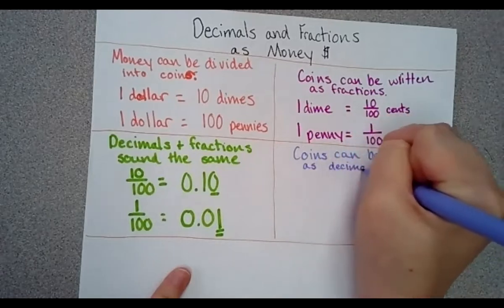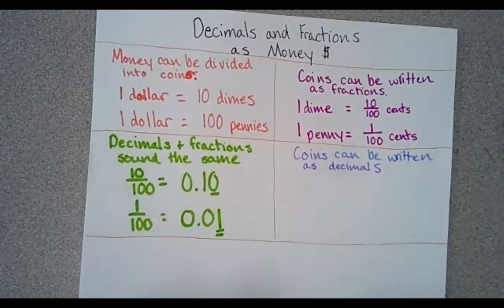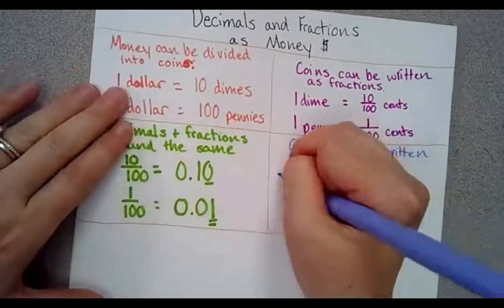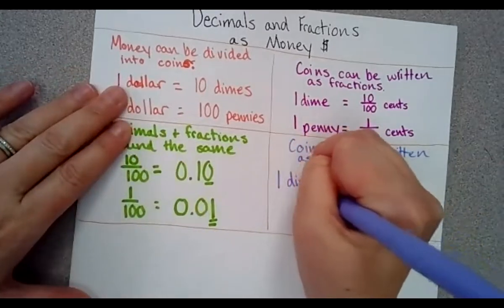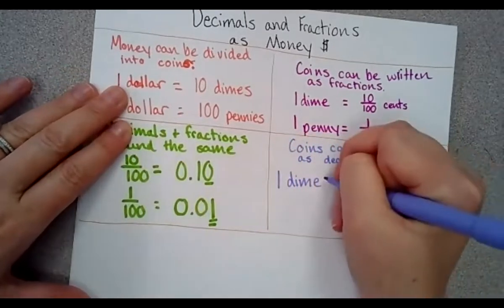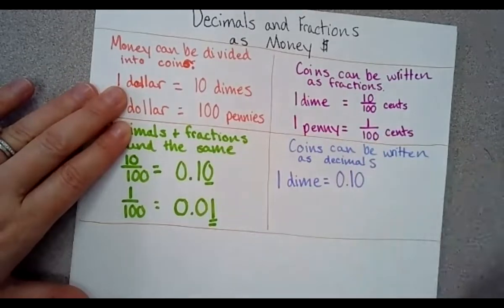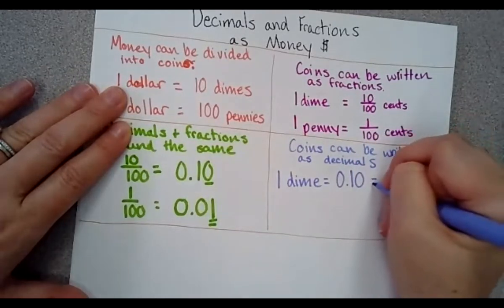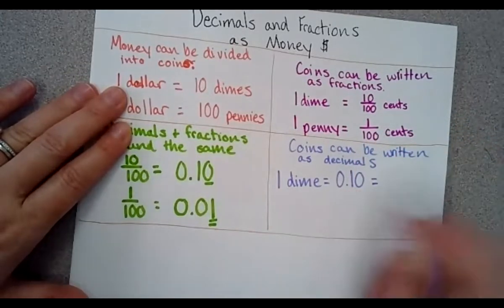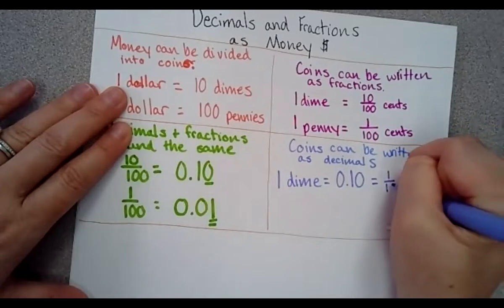So what that means is if you have 1 dime, that is equal to 10 hundredths, which is also, since you have a 1 in the tenths place, 1 tenth.